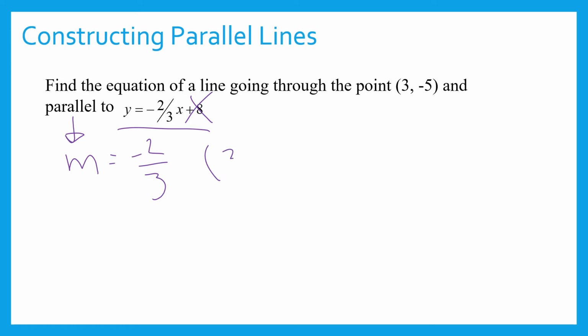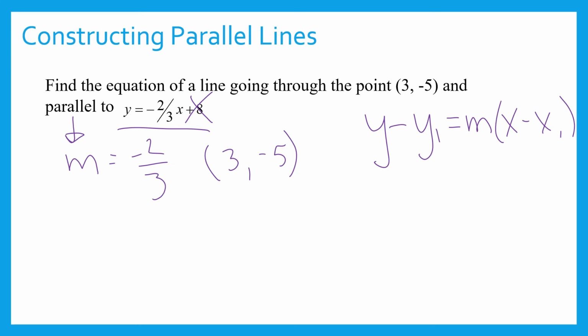But I know that it goes through the point (3, -5). So if I know the slope and I know a point, I can use point-slope form. So I'm going to write my equation in point-slope form, which is y minus y1 equals m times x minus x1. Okay, so y minus, I put -5 because that's the y-coordinate of my point, equals -2/3, that's the slope, times x minus 3.